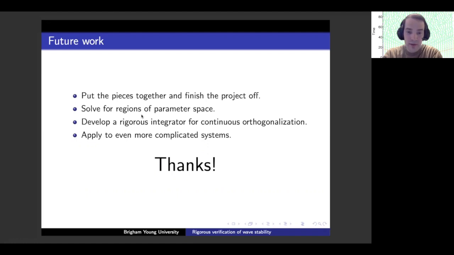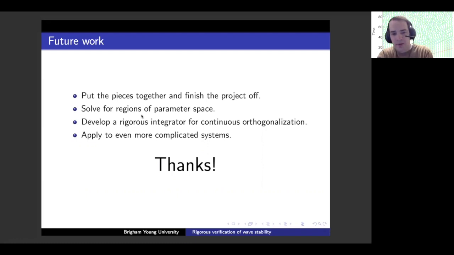We would like to develop a rigorous integrator for continuous orthogonalization so that we can treat larger dimensional systems. This is already getting to sort of the extreme for using the compound matrix method. We want to be able to treat systems that are like 20 by 10, say for example, the reactive Navier-Stokes equations with multi-species or MHD.